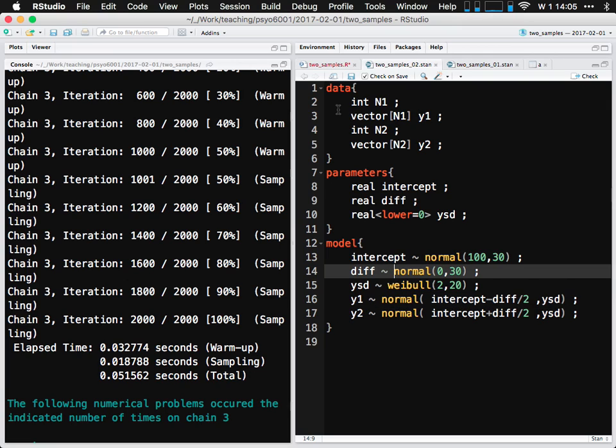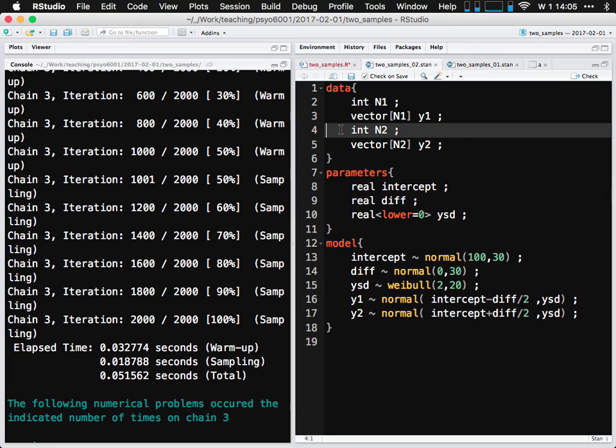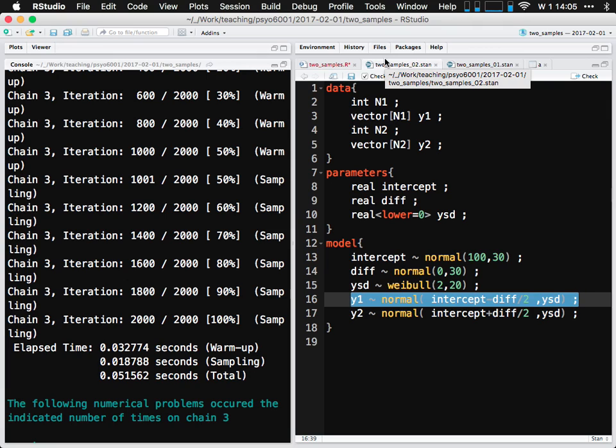It would be nice if, instead of encoding it as two separate chunks, we could pass in some indicator variable that says whether it's group 1 or group 2, and have the generative model expressed in terms of, okay, go up the diff if the indicator variable is, say, 1, and go down the diff if the indicator variable is, say, -1.